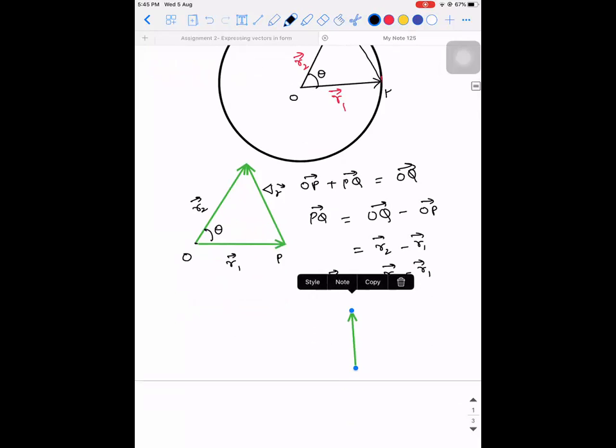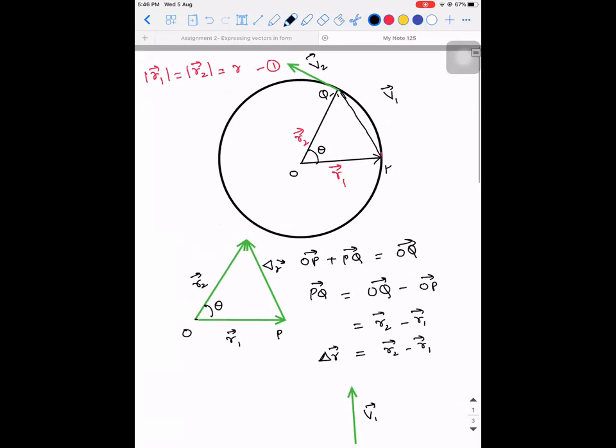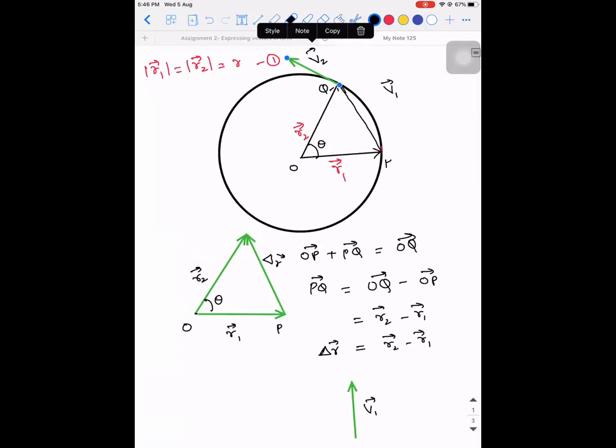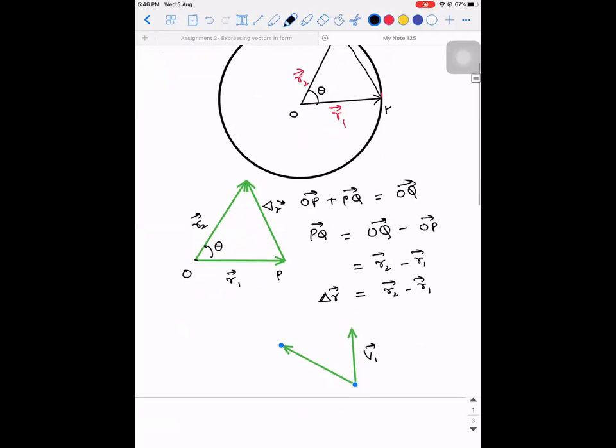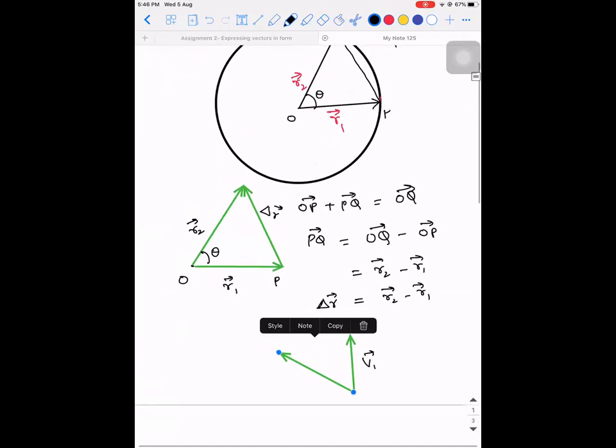I'm trying to draw a separate diagram again. This is what? V1, V2. No, this is V1 vector because R1 is there, no? Yes, sir. Now this is there, I'm bringing and joining it here. Then what is this? V2 vector.